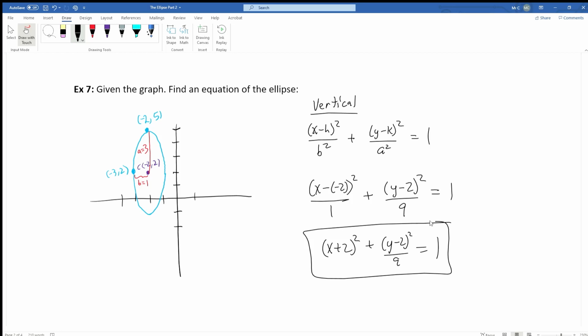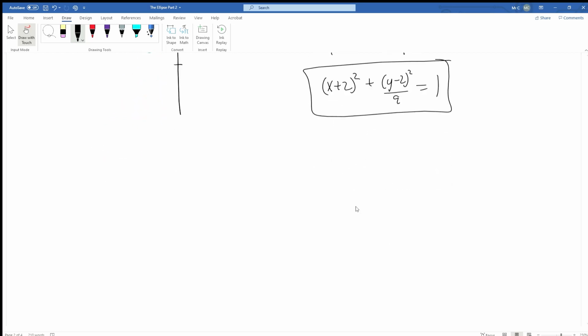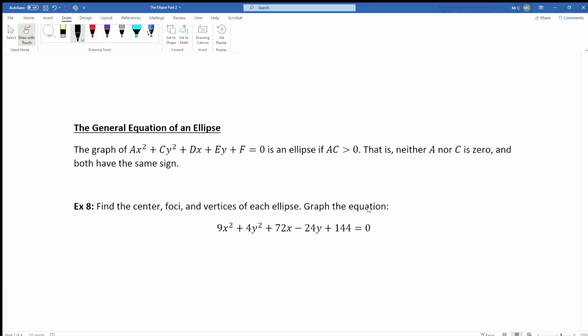All right, well, now that we've got that, let's take a look at something else. This is the general equation of the ellipse. Similar to the general equation of the hyperbola, this is basically where all of your terms have been multiplied out, and it's going to be much harder to figure out your information from your ellipse in this form.